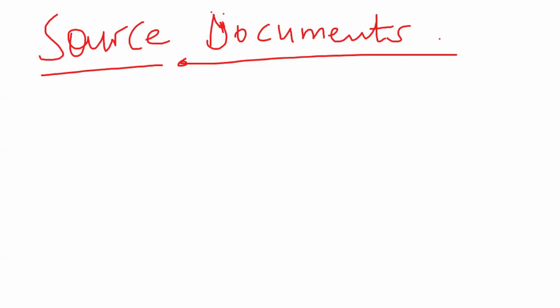So today we are continuing with our source documents that we had not finalized under our lecture 2, because we had started material costing and we had started looking at source documents.